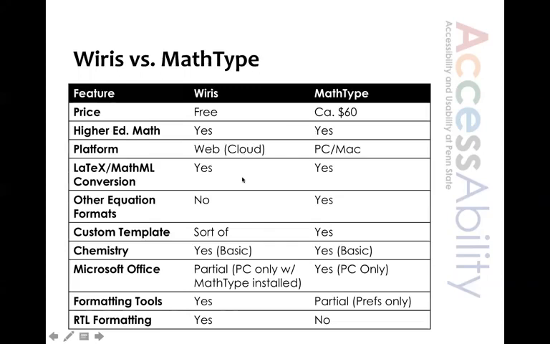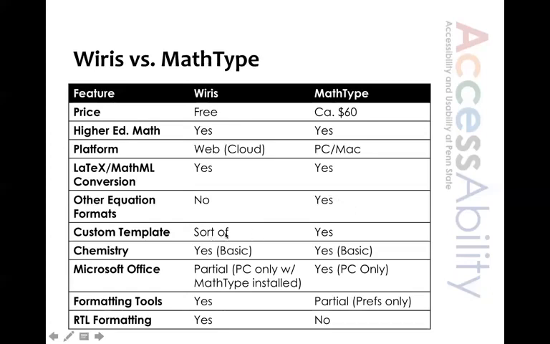They both can help with LaTeX MathML conversion, and because LaTeX is such a common format used in the math community, that's really important. WIRIS basically works only with MathML or LaTeX. Sometimes if you need some other type of format, you might need MathType instead.